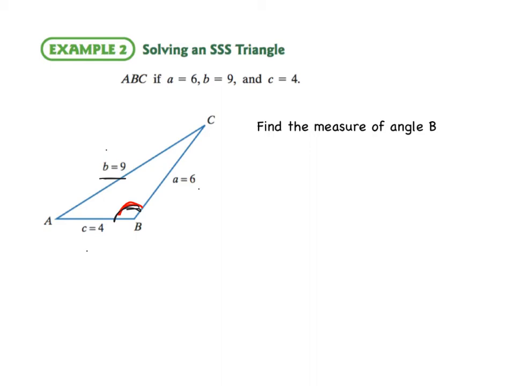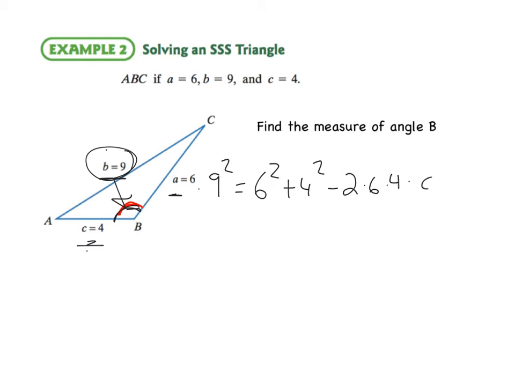The setup is similar. This is the side across from my angle, so that's the one I want all by itself, 9 squared. Then it doesn't matter which order you do these in. I can do alphabetical though. So it'd be 6 squared plus 4 squared minus 2 times 6 times 4 times the cosine of b.